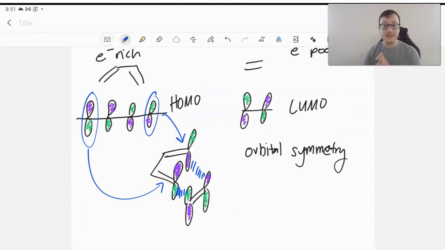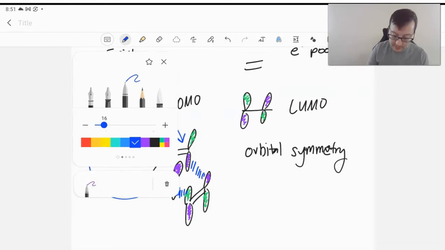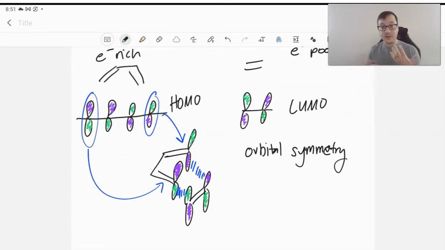And the greens of the HOMO line up with the greens of the other molecule's LUMO. And as a result, this reaction will proceed because of this overlap. The nice overlap allows the bonds to form. They're going to rehybridize because we're going to end up breaking the pi bond there. There's going to be a little bit of rotation happening, and we'll end up with our cyclohexene at the end of it.